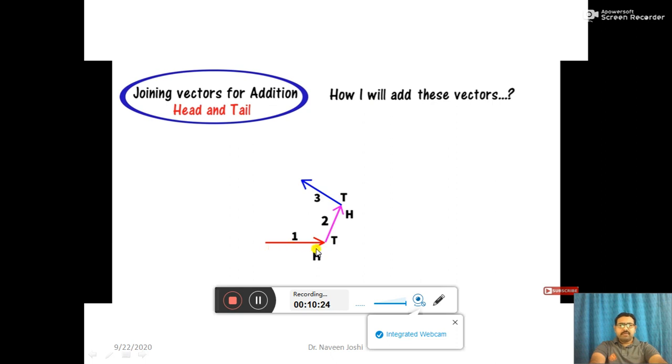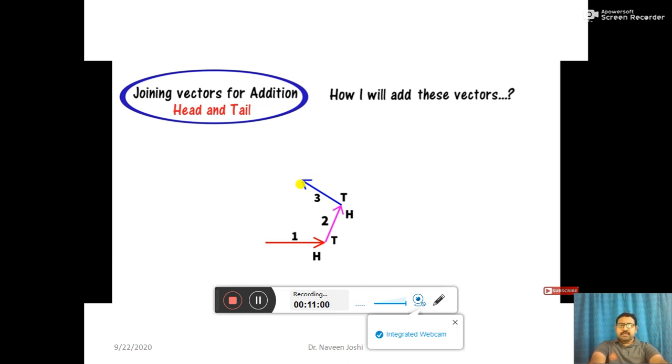The head of vector 1 we attach with the tail of the second vector, that is the pink color line. Similarly, the head of vector 2 we attach with the tail of vector 3. So we attach the head with the tail of the second vector, again the second vector head we attach with the third vector tail. Therefore it is also known as the head and tail law. This procedure of adding vectors is known as the triangle law.